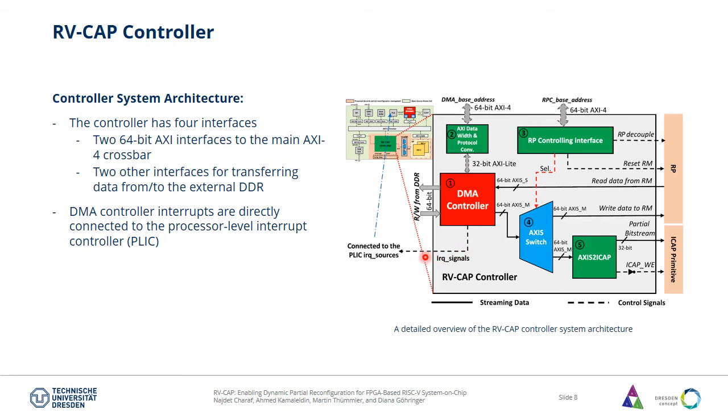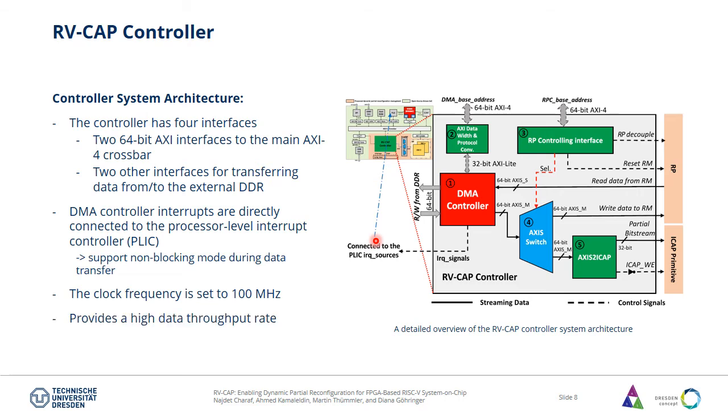Also, the interrupt control signals from the DMA are directly connected to the platform-level interrupt controller, the PLIC, and this supports the non-blocking mode during data transfer and frees up the processor for other tasks. All the components are working at 100 MHz, and the controller provides a high data throughput rate. We can see this later in the evaluation section.